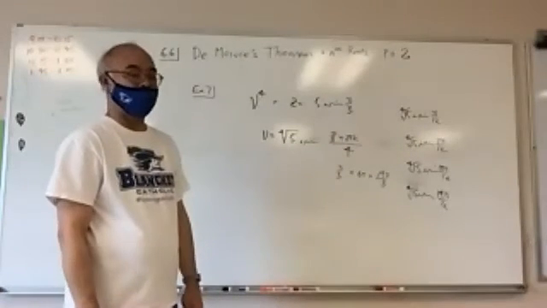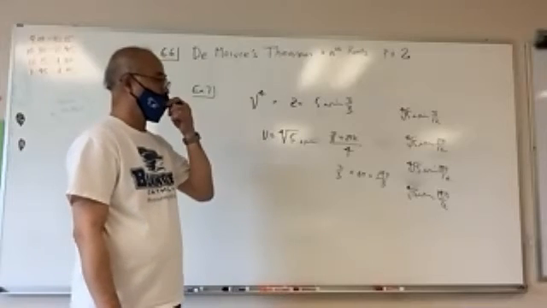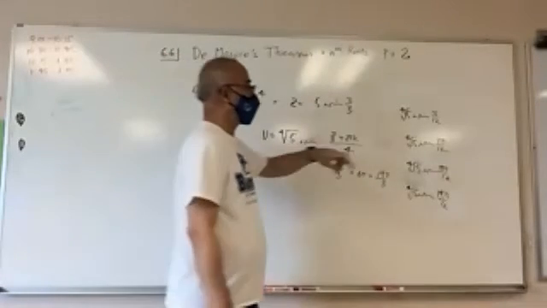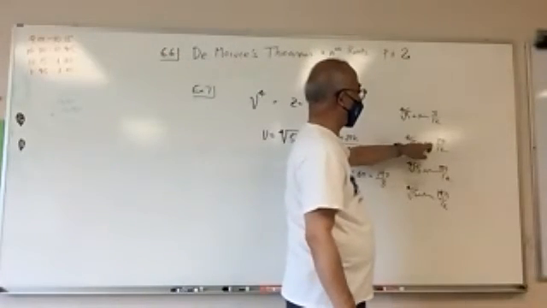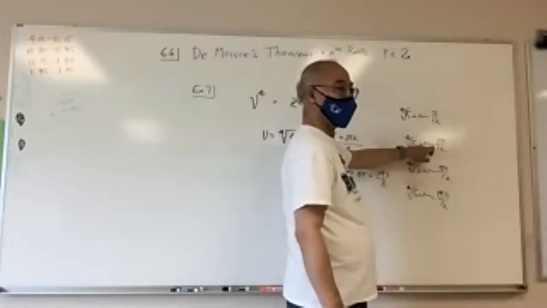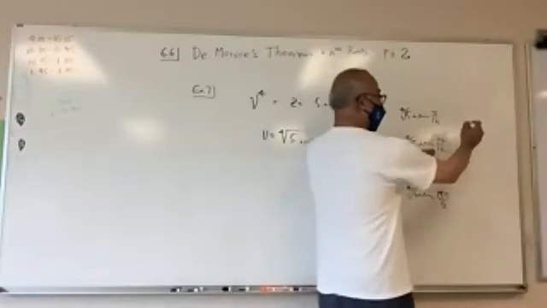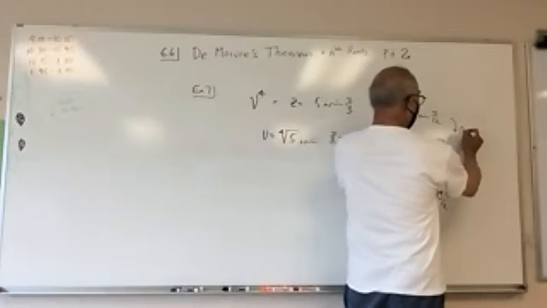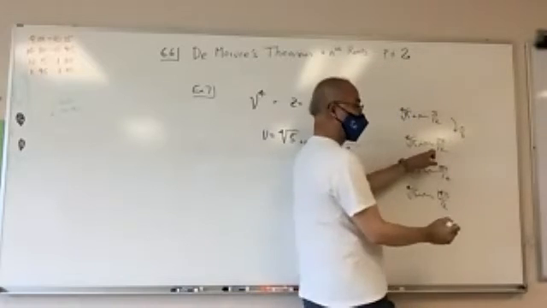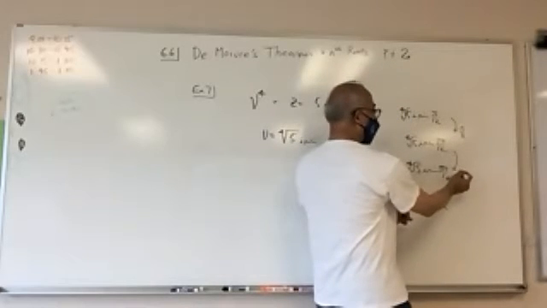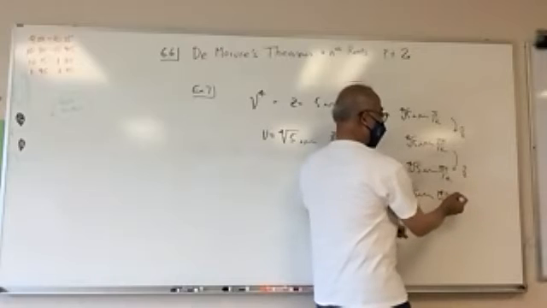So let's think about this. From here to here, how many did I go? 6 pi over 12, which is... There's a pattern. Pretty crazy.